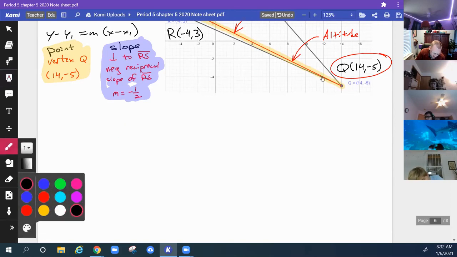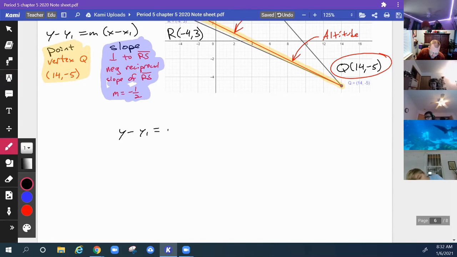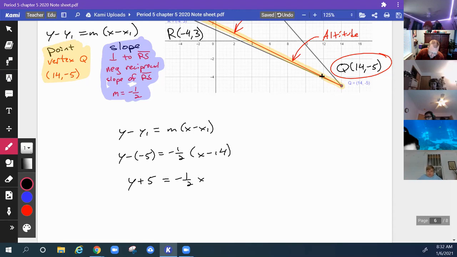Remember, my equation is y minus y1 equals m times x minus x1. So that's going to be y minus a negative 5 is going to be negative 1/2 times x minus 14. So just make that a y plus 5. And then you can leave it like this. Remember, this is one way to leave it.